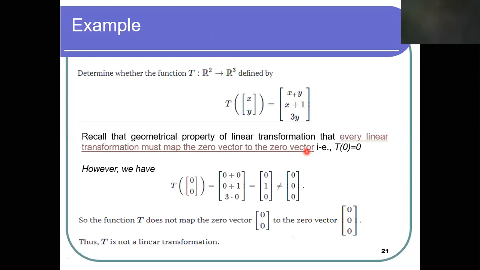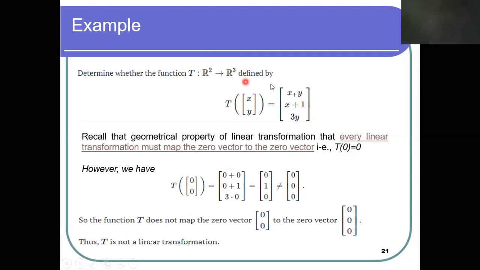So if someone wants to check whether a transformation is linear or not, as I told you in my first slide, in a linear transformation the origin maps to the origin. I mean to say every linear transformation preserves the origin, that is, T(0) equals 0.